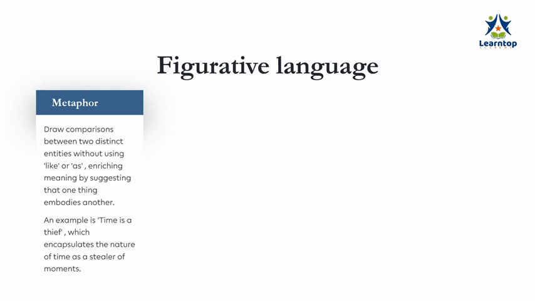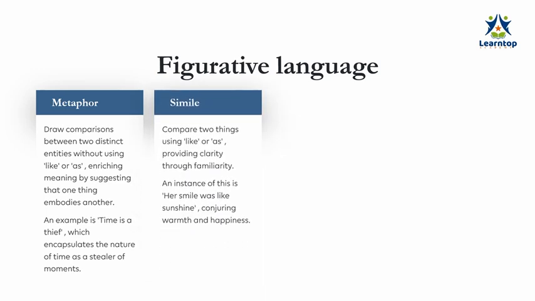For example, time is a thief, which means the nature of time as a stealer of moments. In contrast to simile, they use the words like and as to provide clarity through familiarity. For example, her smile was like sunshine, which means conjuring warmth and happiness.